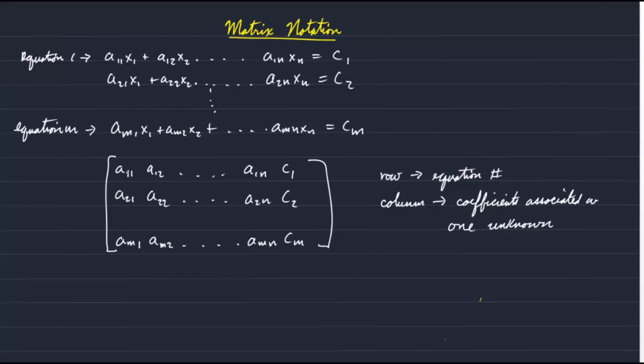Right? So for example, the first column are all the coefficients multiplied by x1. The second column are all the coefficients multiplied with x2, and so on. And of course, the right-hand side, this last column, is all the terms not multiplied by x, or multiplied by x to the 0 power, if you will.